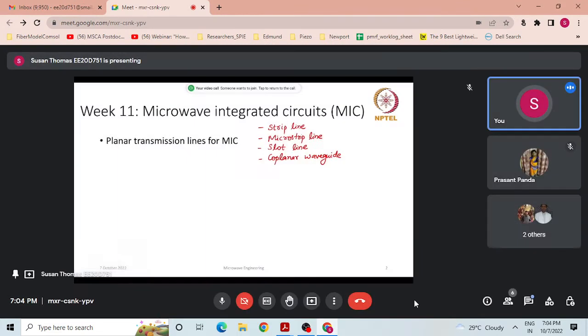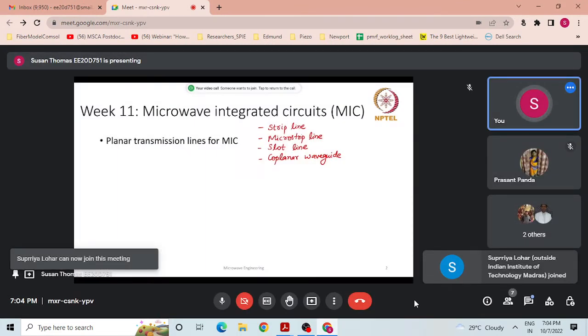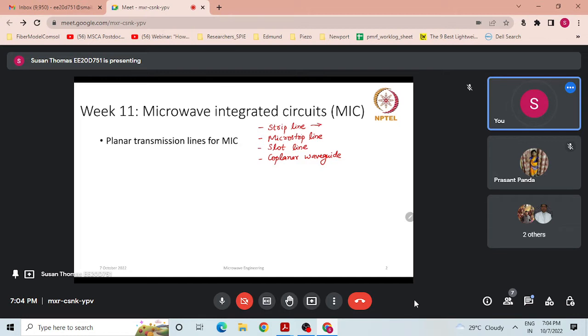To start with, I will just brief some of the features of the different types of transmission lines. In strip line, the dominant mode of propagation is TEM, that is transverse electromagnetic wave, where the wave propagation is perpendicular to the electric and magnetic fields.